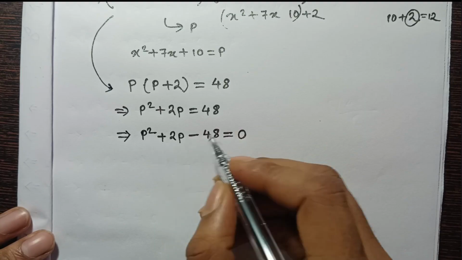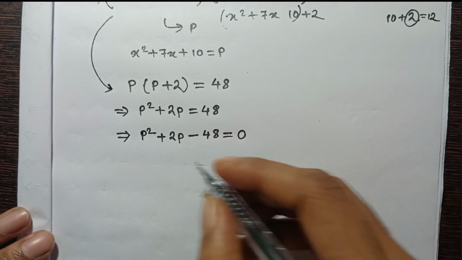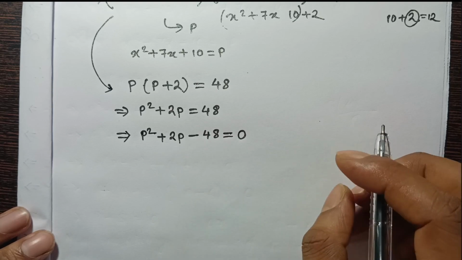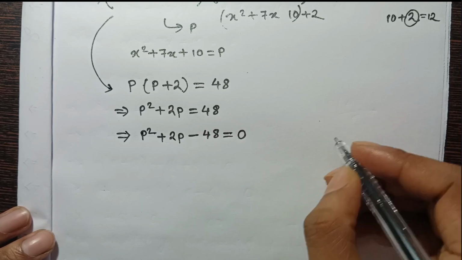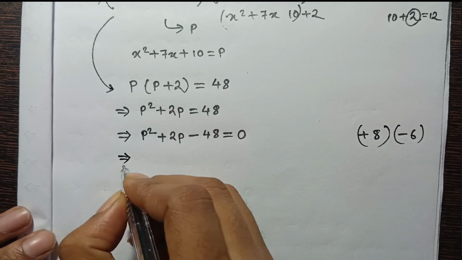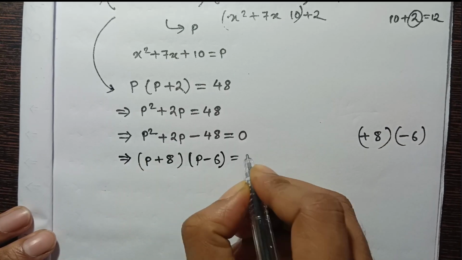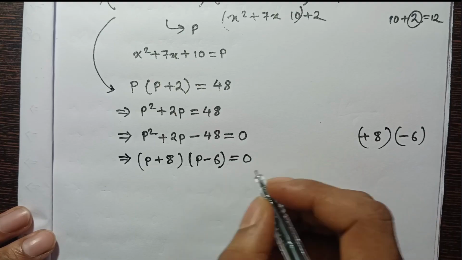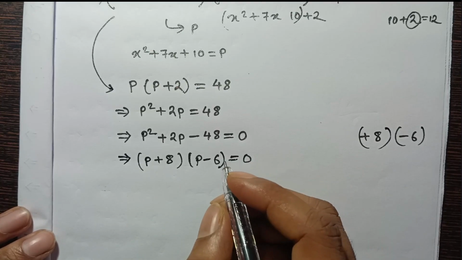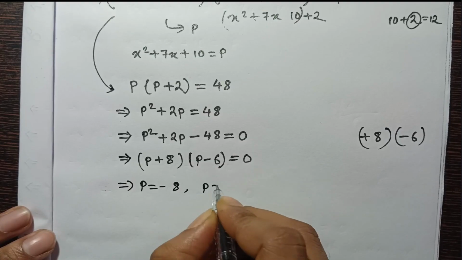We need 2 numbers that multiply to minus 48 and add up to positive 2. A little trial and error, and you'll find that those numbers are positive 8 and negative 6. So, we can factor the equation into p plus 8 times p minus 6 equals 0. This gives us our 2 possible values for p. P could equal minus 8 or p could equal 6.